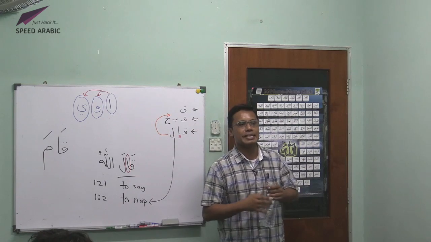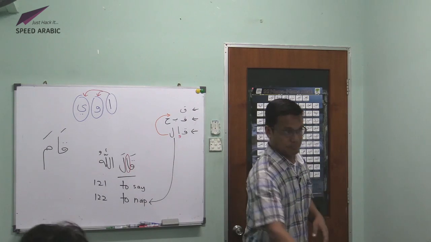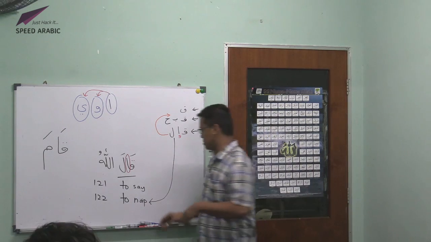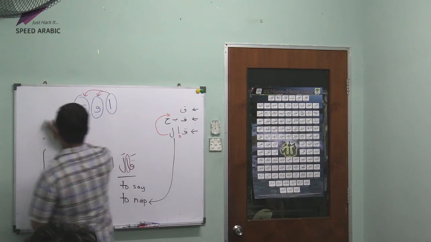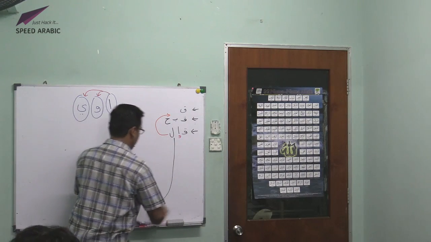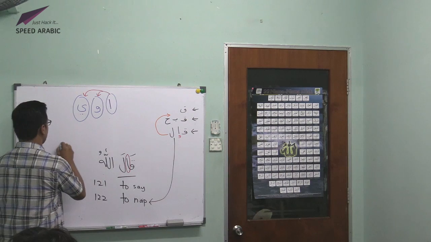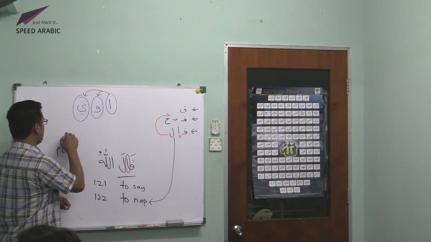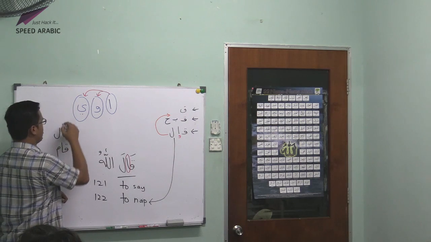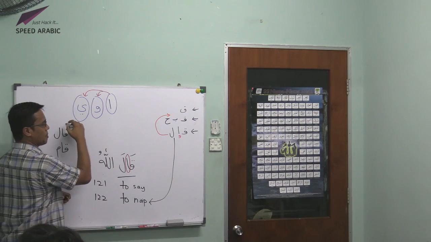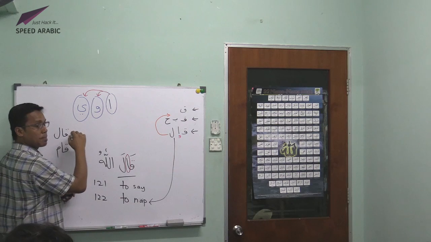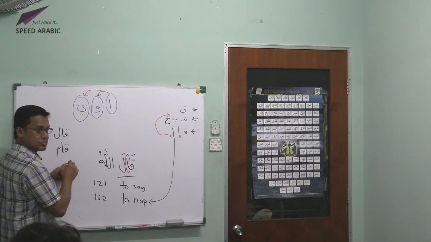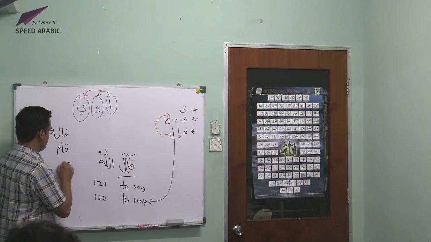By looking at the entries. You're saying it's waw, right? Give me the entries before qama and after qama. Give me what comes before it. Qala comes before it. After this is qawa.